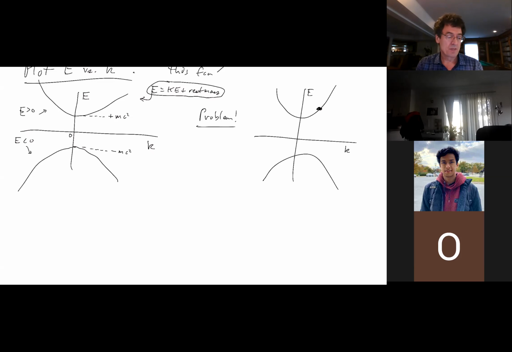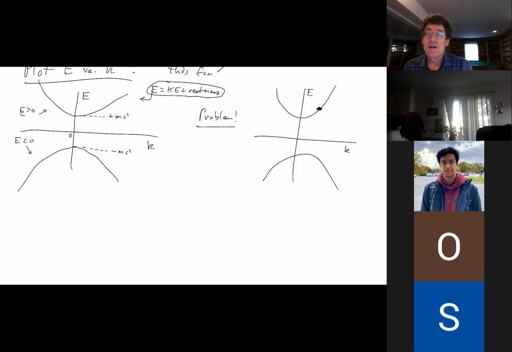What's the definition of a stationary state? It doesn't evolve in time. It just has a phase factor, e to the negative i E t over h bar, but it doesn't really change in time other than that simple phase oscillating. It just stays there.